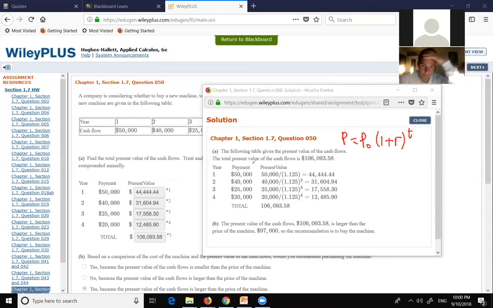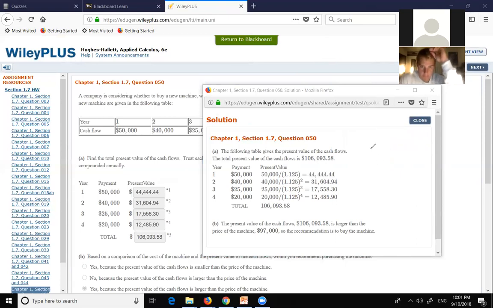So if you go back to the formula on page 61, the present value when compounded annually is P equals B divided by 1 plus R to the T. You can just ignore the previous one because now we're using the present and future value.